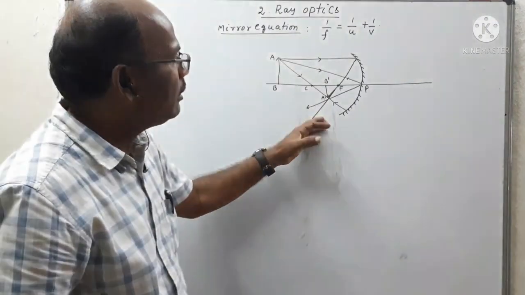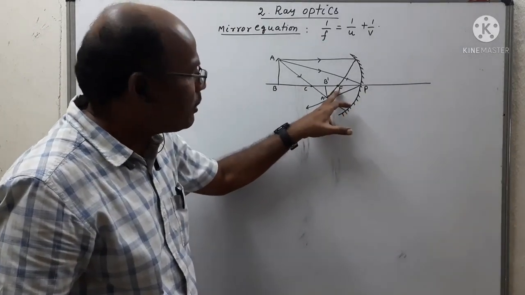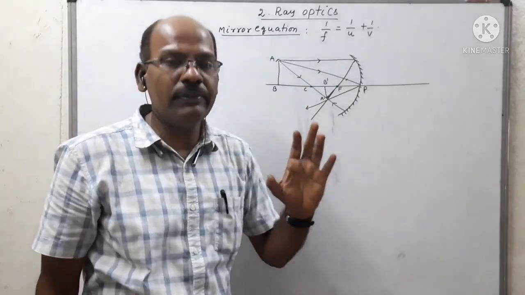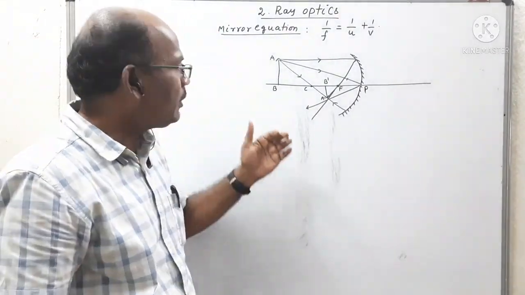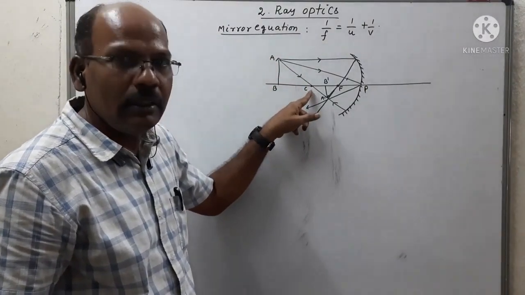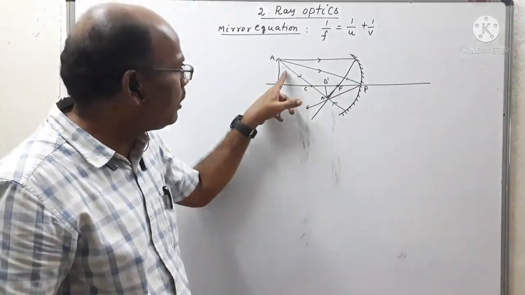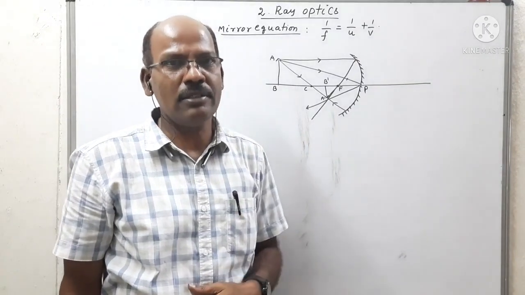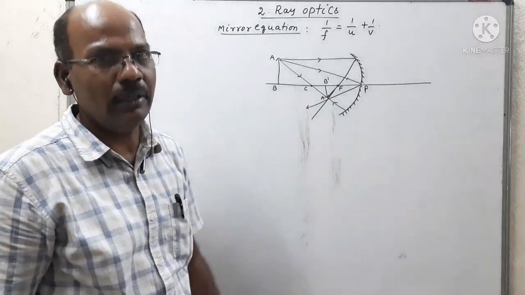Here, observe that P is the pole, F is the principal focus and C is the center of curvature of the given concave mirror. We kept an object AB beyond the radius of curvature, that means beyond point C. So it forms a real, inverted and diminished image which lies in front of the concave mirror.